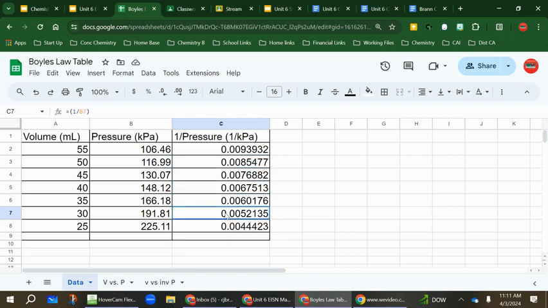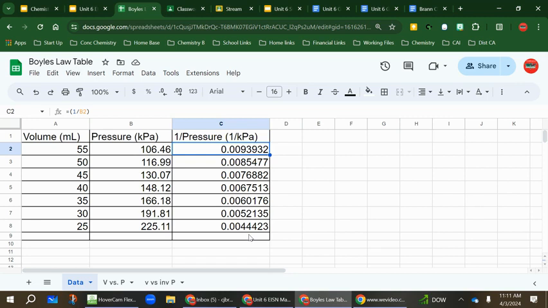Now, this last column, ladies and gentlemen, that I have created here, I have taken the inverse of pressure. What's happening to volume here? What's happening to the numbers here for inverse of pressure?